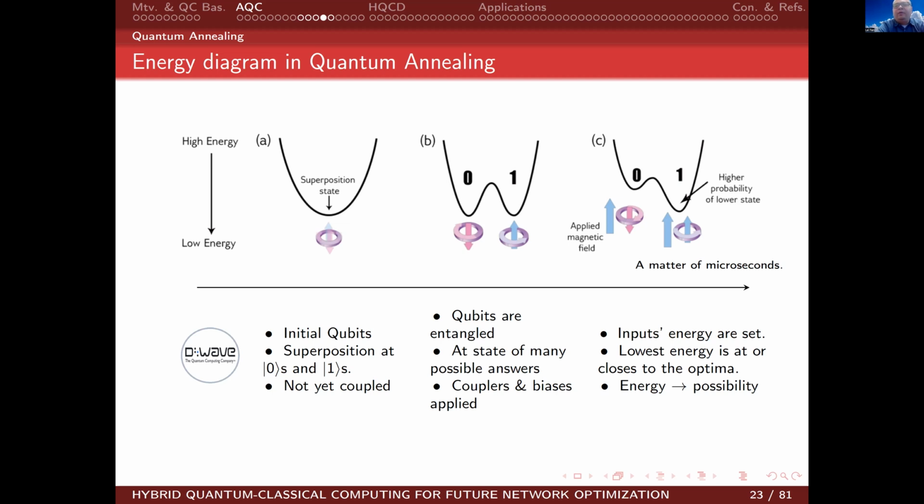For the final state, we have multiple eigenstates. The lowest energy state is the target state we want. The lowest energy eigenstate normally represents the solution, and the eigenvalue represents the energy, or our objective function's value.